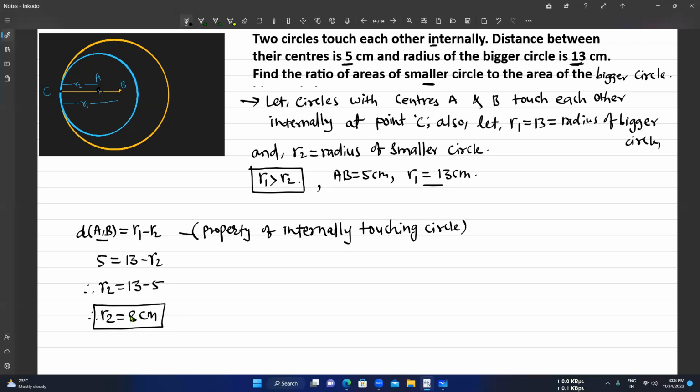So simply we can find the ratio of the given circles, that is the smaller circle and the bigger circle, using their areas. Just write it down as area of the smaller circle divided by area of the bigger circle.